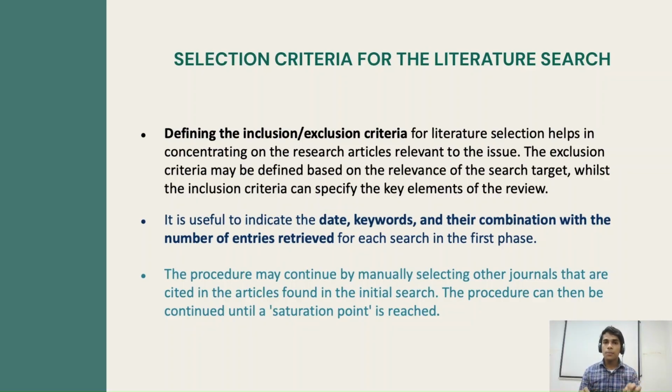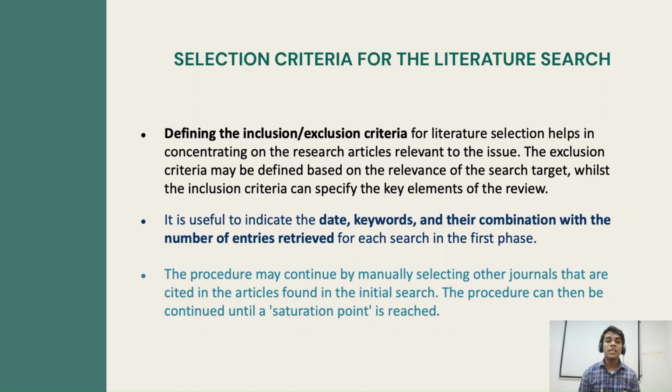It's not strict criteria, but for your own ease and to follow a certain roadmap that leads you to the amount of articles that you want to review. So a little inclusion and exclusion criteria should be defined for your own ease. This is something that is preferred that you should do.